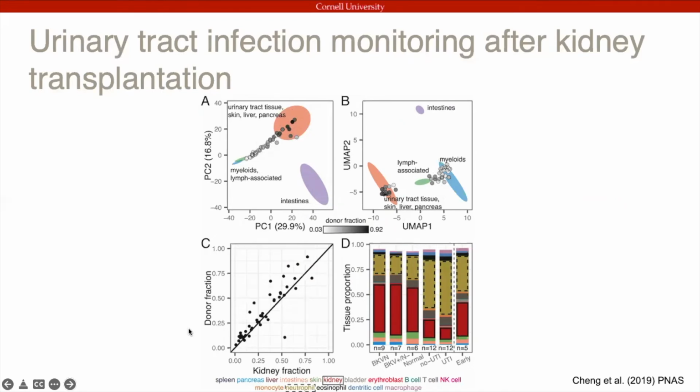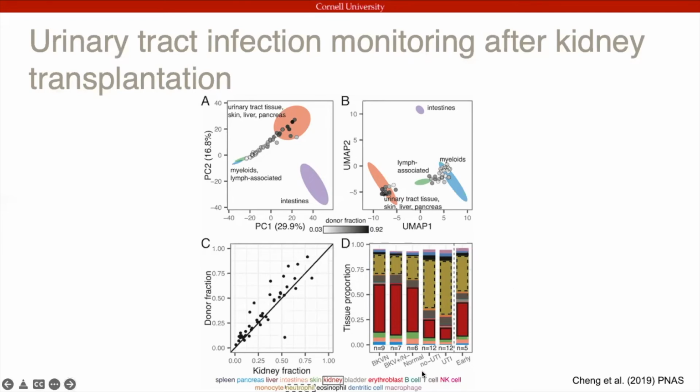We can use this donor fraction and look to see how well it correlates with the fraction of cell-free DNA that derives from kidney tissue. We see a very strong correlation, suggesting that there is damage to the kidney that is related to the amount of donor DNA being released into the blood.